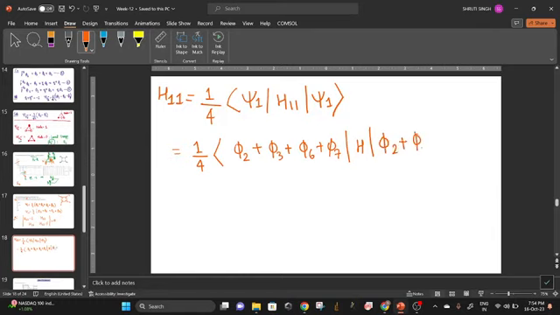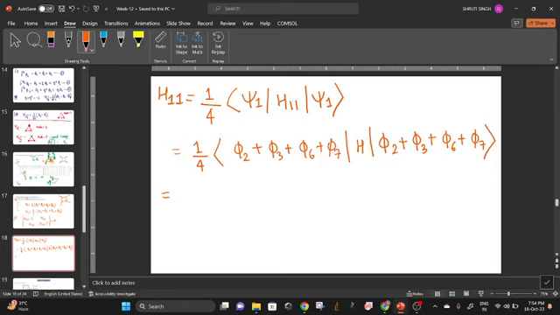So phi 2, phi 3, phi 6, phi 7. So we will get 4 into 4, 16 terms, but others will vanish.